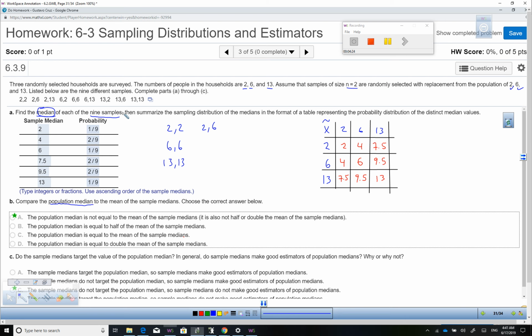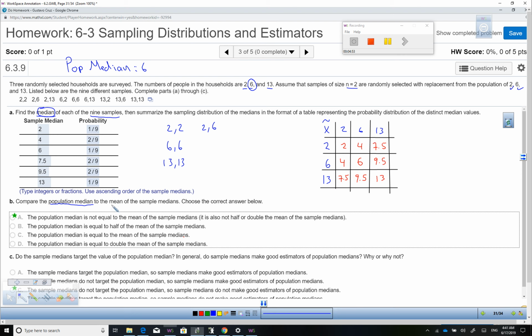For the population median, we have 3 elements, right? 2, 6, and 13. So the median is the number in the middle. Once you order the numbers, actually these are in ascending order, 2, 6, 13, the number in the middle will be 6.